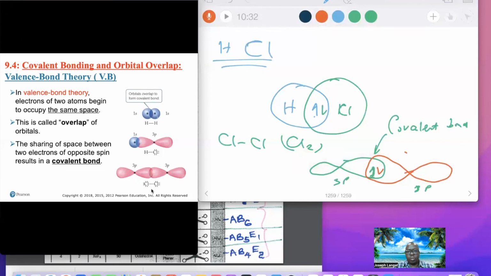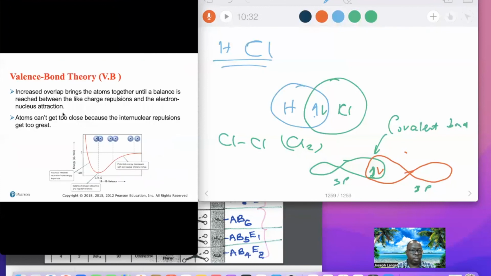This applies to other molecules: you need to write the electron configuration in order to see the valence shell, the outermost sublevel, and see how the orbitals overlap. These are atomic orbitals, and when they overlap, they form a covalent bond. This is the description of covalent bonding using valence bond theory.